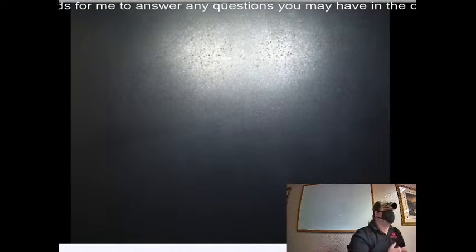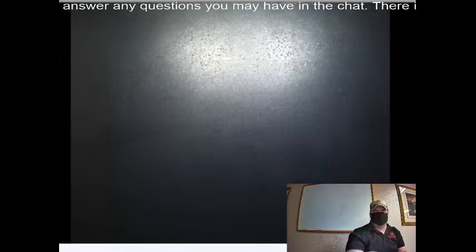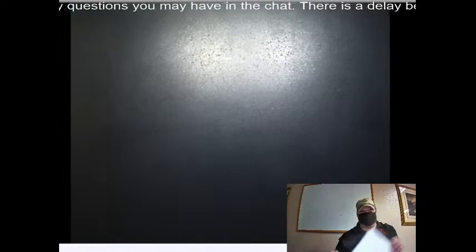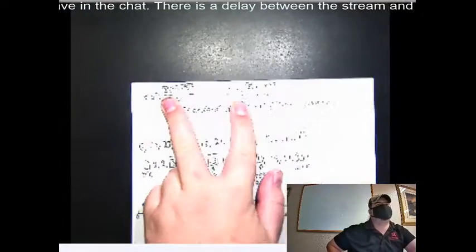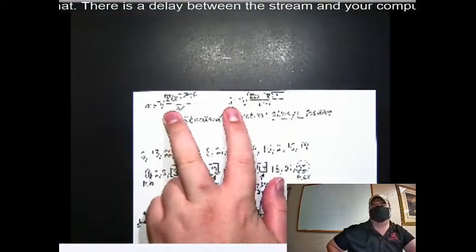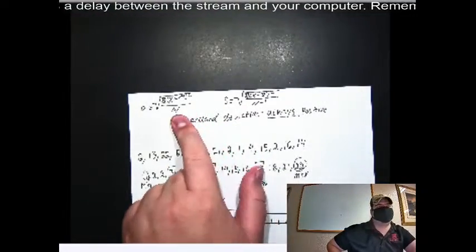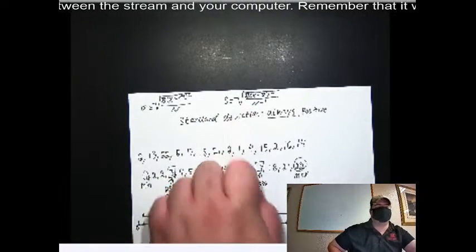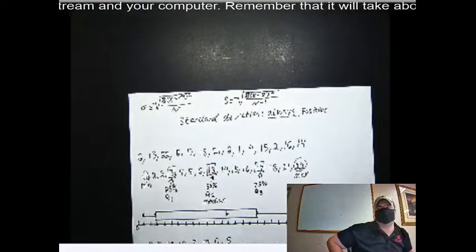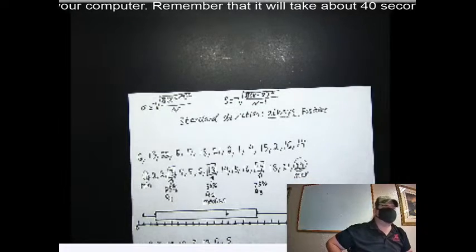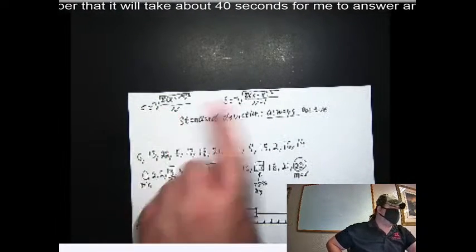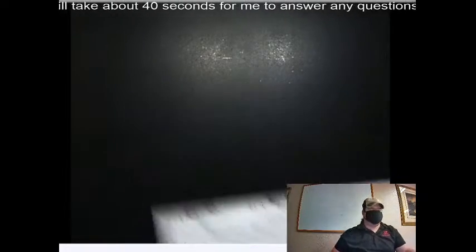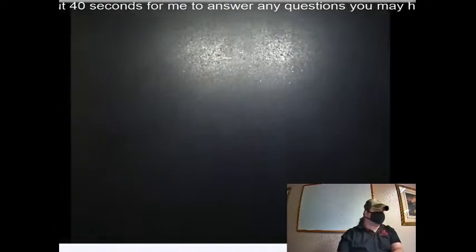So know how to find a 5-number summary, and I'll probably give you these two formulas. I'm not going to tell you which one represents which. Remember that this is a population and this one is a sample. So I'll give you a problem that says this is a data set collected from a sample, and you need to be able to choose which one of these would be correct. Okay?